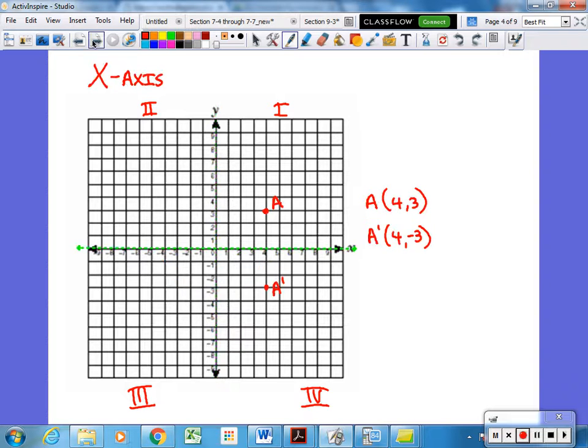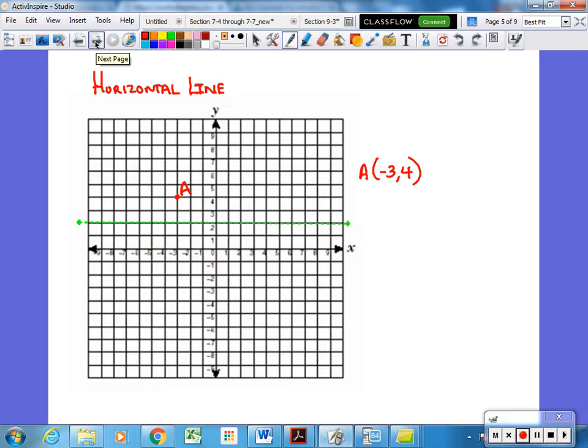What happens if you have a horizontal line that is not exactly the x-axis? Well, in this case, you have a horizontal line. This value right here would be y equal to 2. So what if y equal to 2 is your reflecting line? Same type deal here. If A is -3, 4, count the blocks, 2 above, we'll go 2 below, and A prime would be at -3, 0.